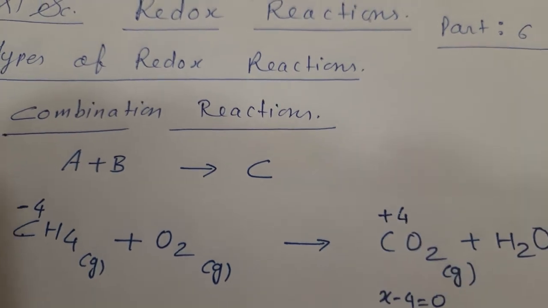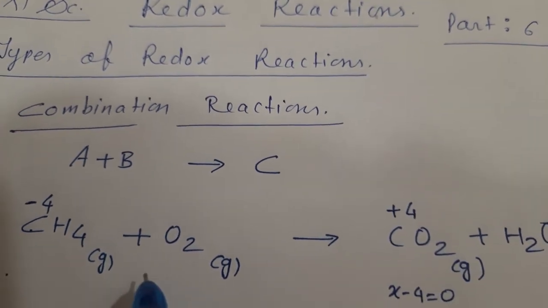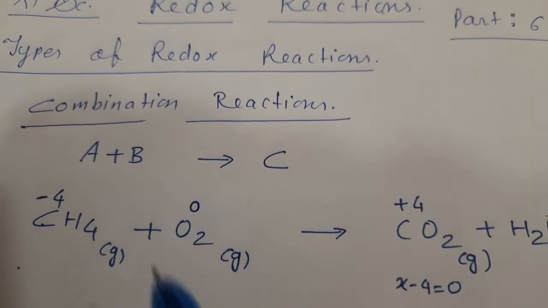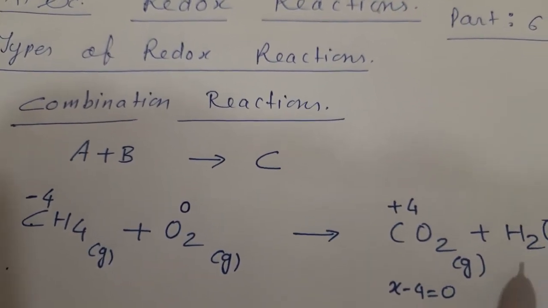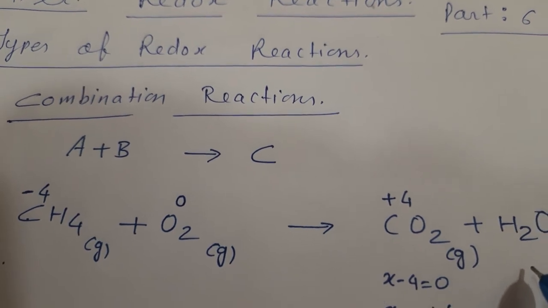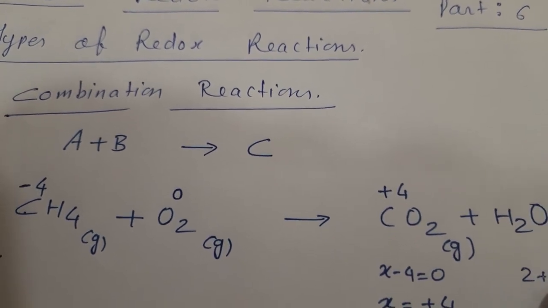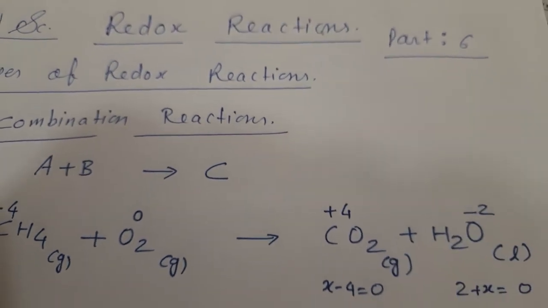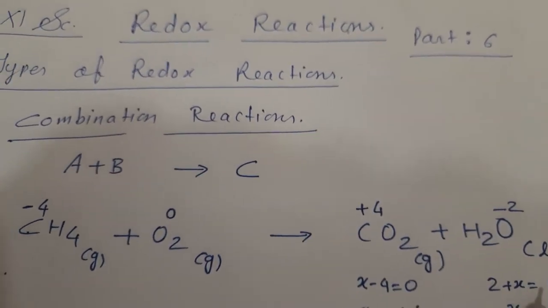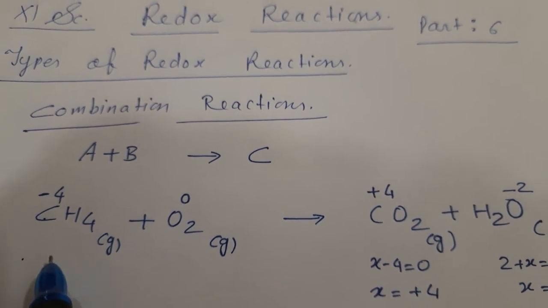So oxidation is there. Similarly, if we find it for oxygen, in the elemental state the oxidation state is 0, and here it will be 2 + x is equal to 0, x is equal to -2. So the oxidation state is -2. So reduction is there. Okay. Now if you want, you can balance the reaction.